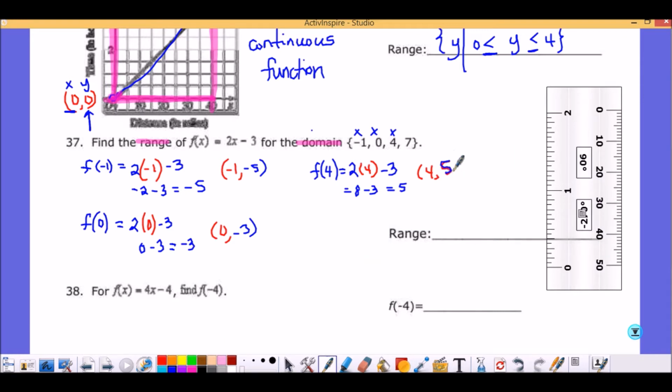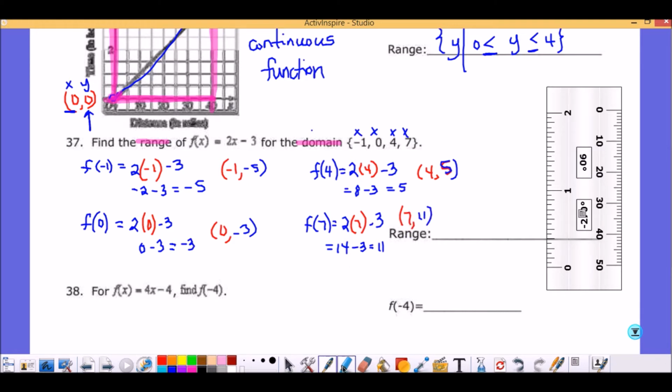All right, so then my last one I'm looking at is if x is equal to 7. So every time I see the letter x, I'm going to put 7 in its place. And then now I'm going to solve. So this is now 14 minus 3, which is 11. So this means I have (7, 11).